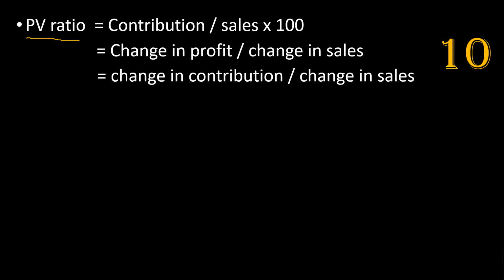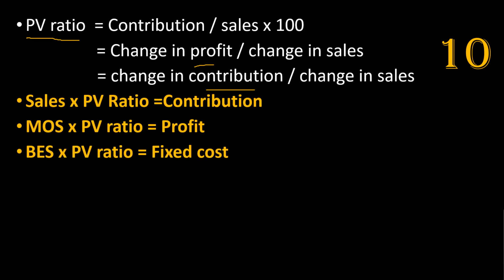Third, change in contribution divided by change in sales. Are profit and contribution the same? No, because in the contribution there will be fixed cost and profit. These are the 3 important formulas that you should remember.